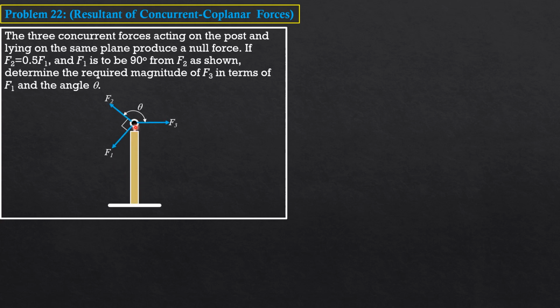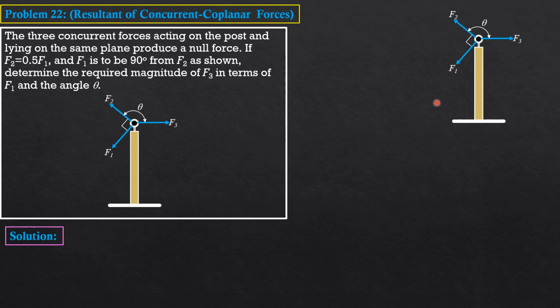So here is the figure. Then for the solution, we have to consider rotation of axis. So I'll call the axis along F1 as A1 and along F2 as A2 as shown in the figure to simplify the solution.